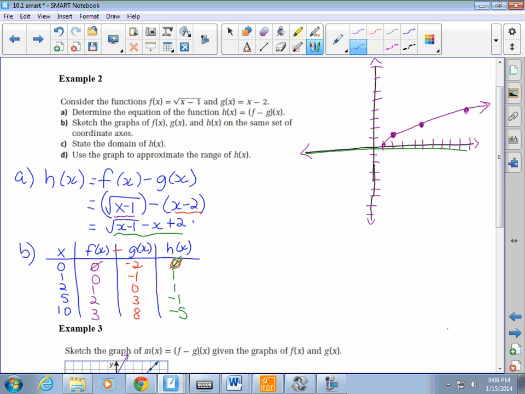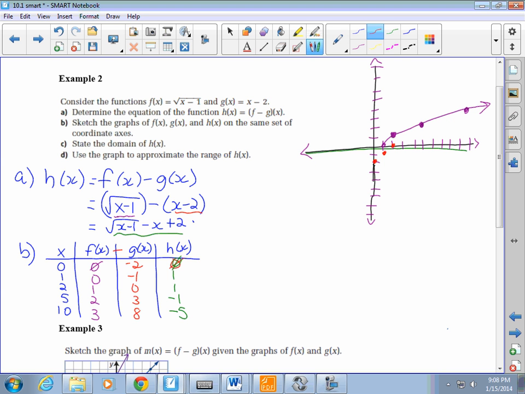So g of x graph. G of x is just that x minus 2. That's my straight line. At 0, I was negative 2. At 1, I was negative 1. At 2, I was 0.